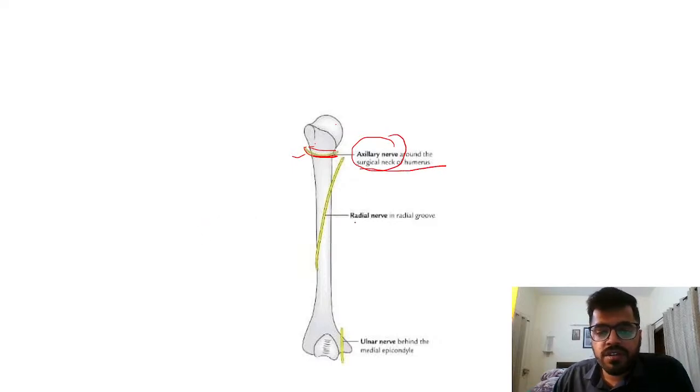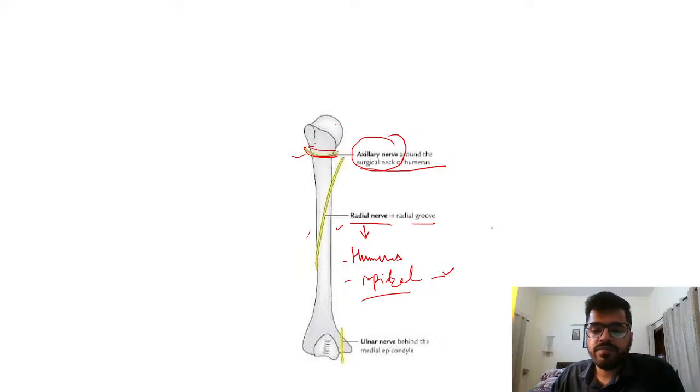Then we have the radial nerve in the radial groove. It is very close to the humerus. So radial nerve can be damaged in humerus shaft fractures and spiral fractures of distal third. We already discussed Holstein-Lewis fracture.